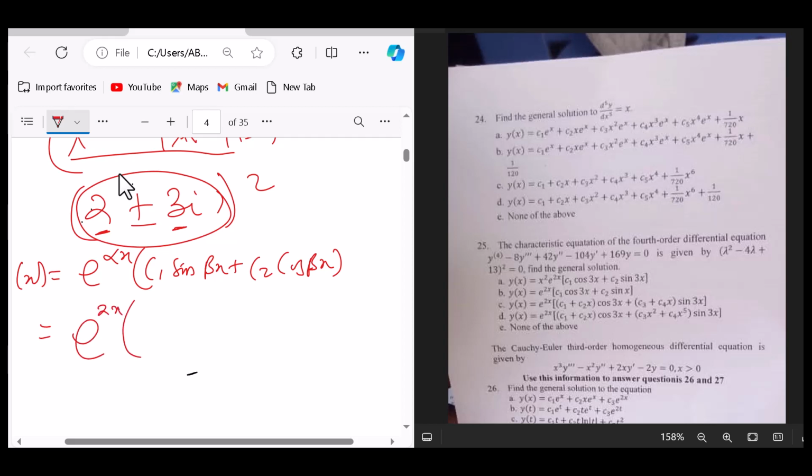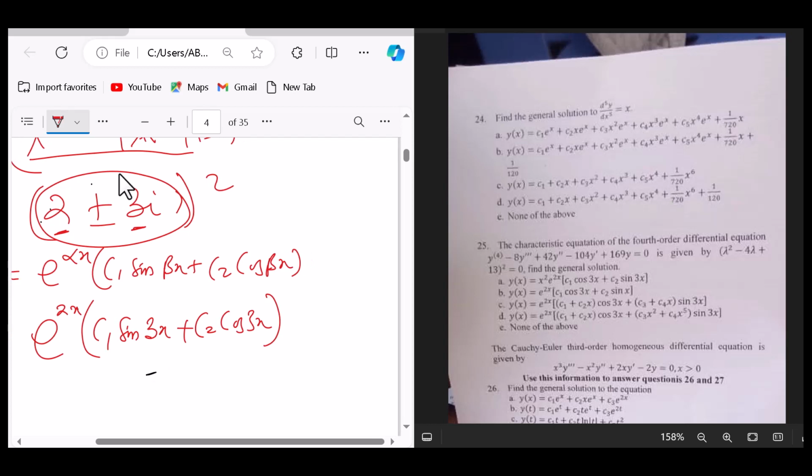x into brackets c1 sine 3x plus c2 cos 3x. This is one of them.